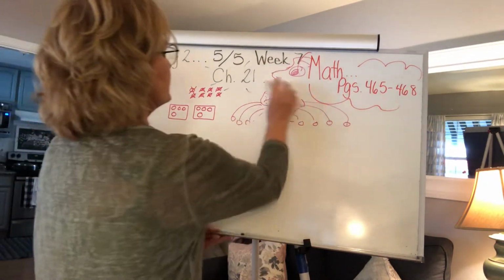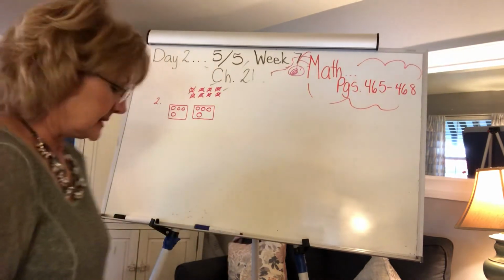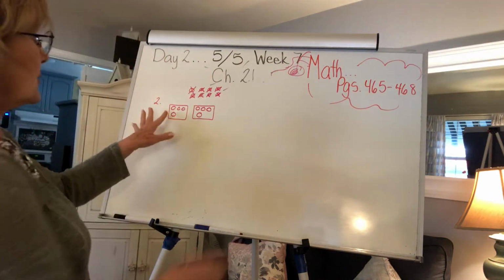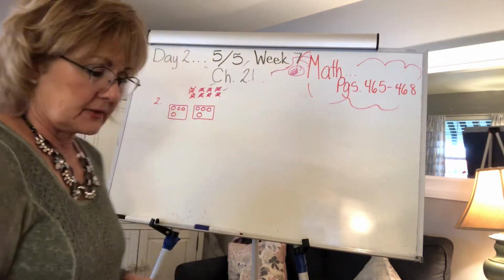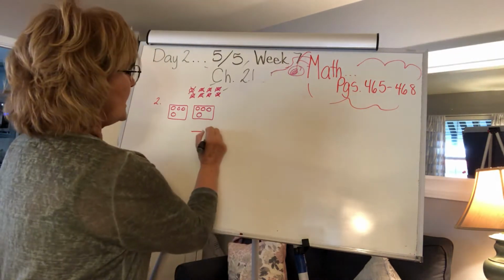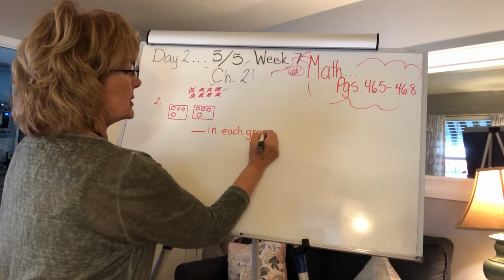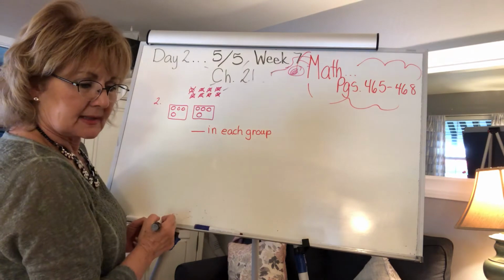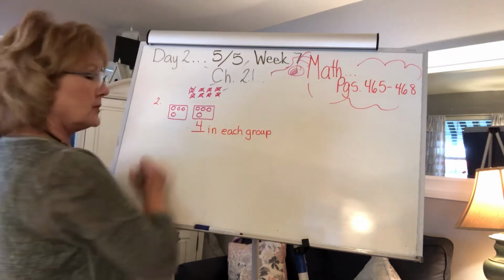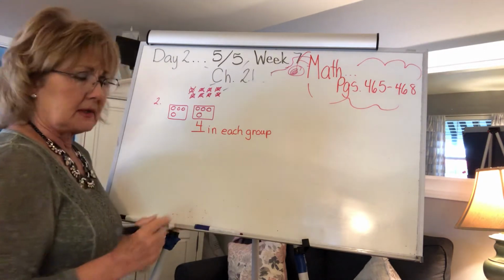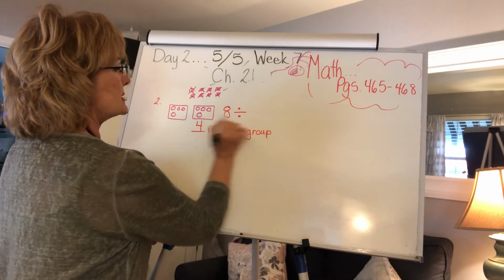But anyway, so we are pretending we are dividing up tater tots at a sleepover. And so you go back and forth until you have run out of tater tots. So it says how many are in each group. If you took 8 and you divided into 2 equal groups, there are 4 in each group, right? I'm going to show you something a little bit ahead of time. Draw an 8, do a dot, a line, and a dot.